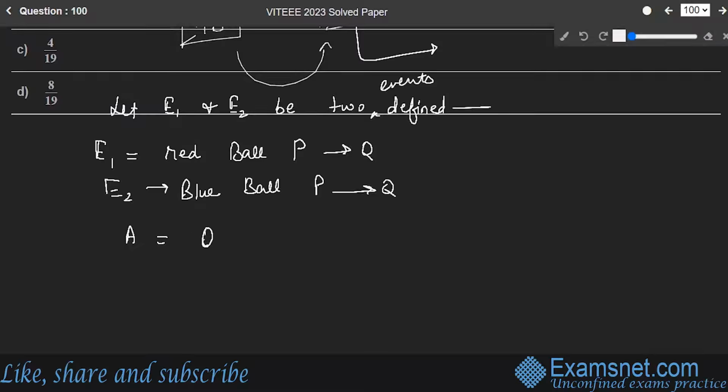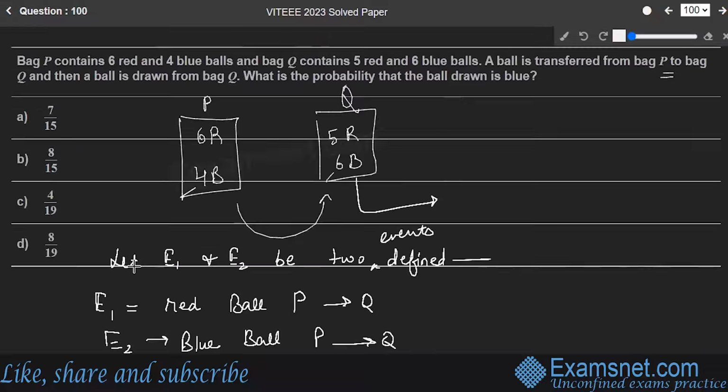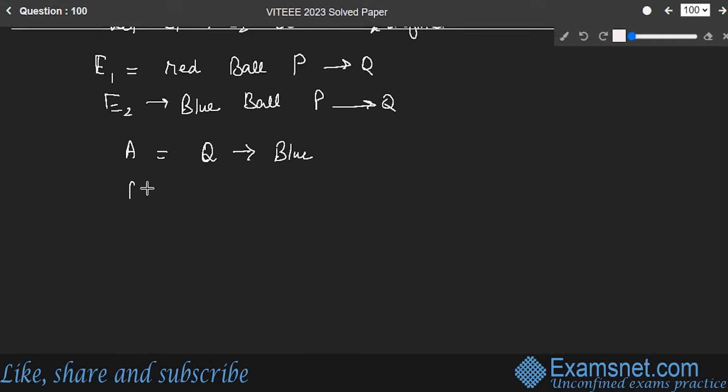Okay, that from Q, the ball drawn is blue, and this is what we need to find out, right?